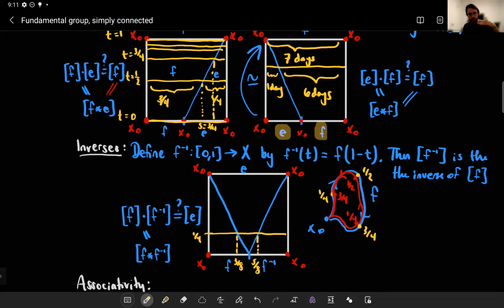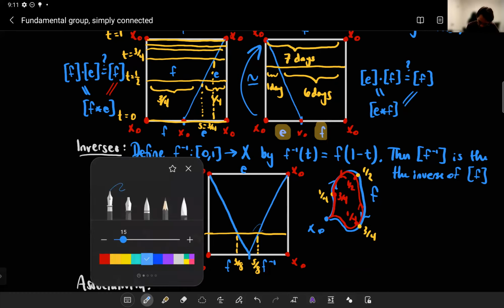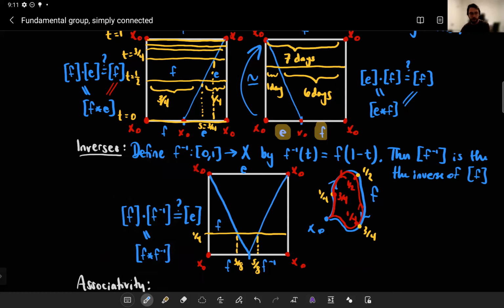But yeah, 1/4 into your process, what you're saying is, I'm going to take F at whatever speed gets me back to x0 after 3/8 of a second. Then I'm going to sit still doing nothing. Then I'm going to reverse, or sorry, I misspoke.